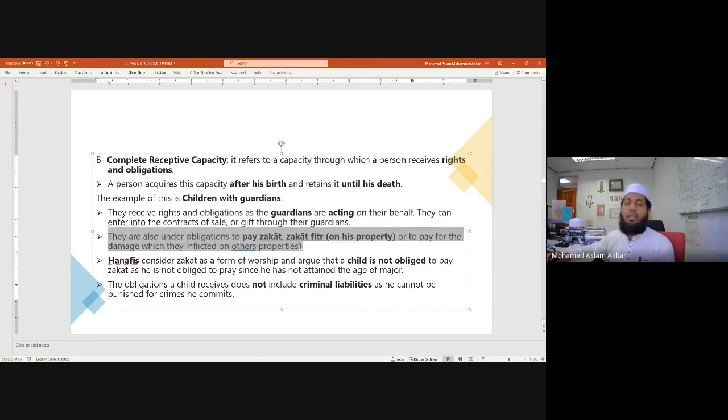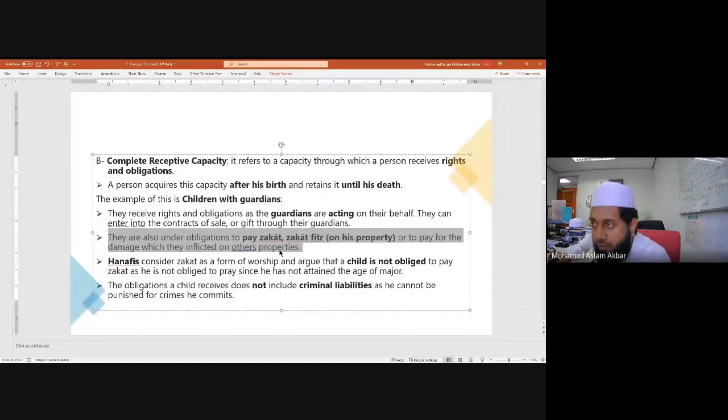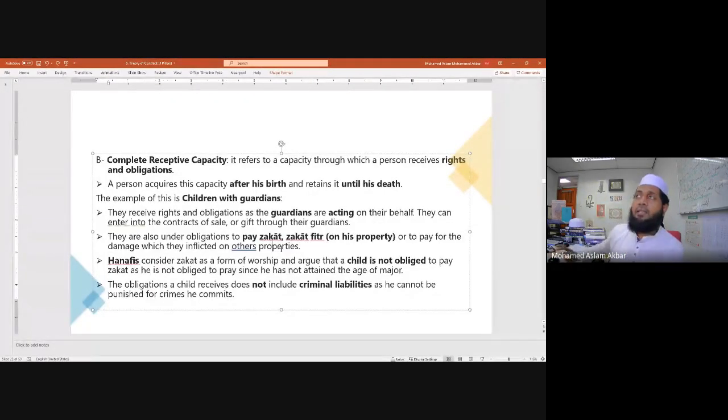Okay, I'll give you a real-time example. Let's say there is a father by the name of Khalid, and he was a businessman. He is running a big industry business, and he used to pay zakat every year. Then the wife conceived.